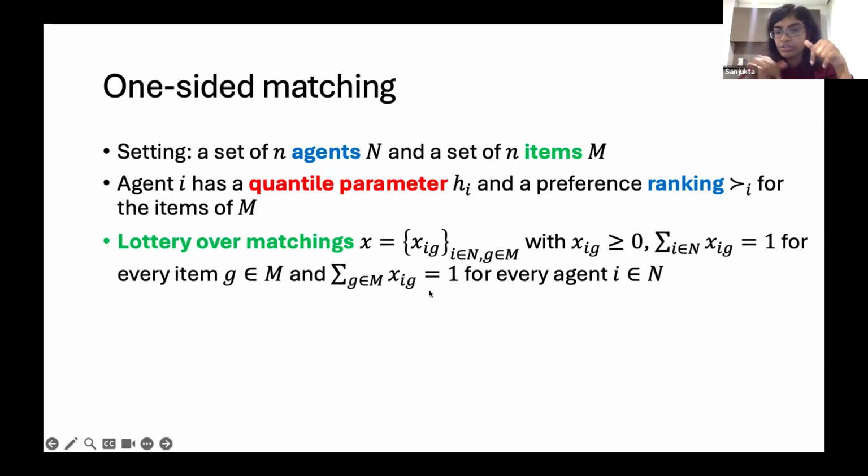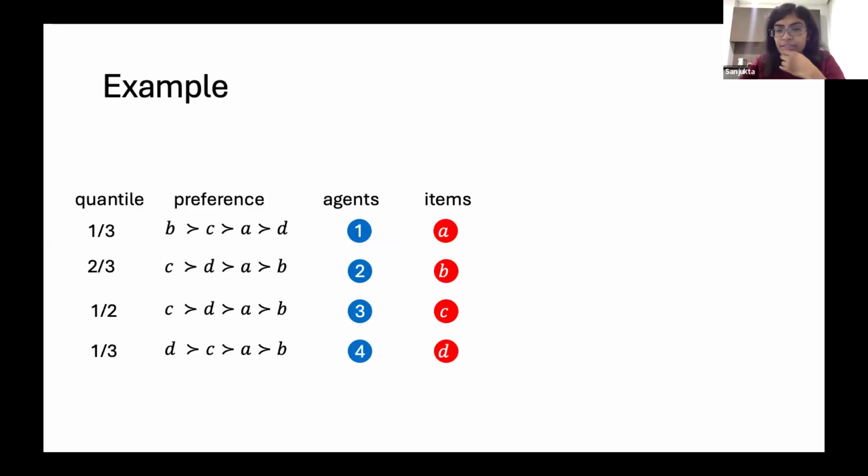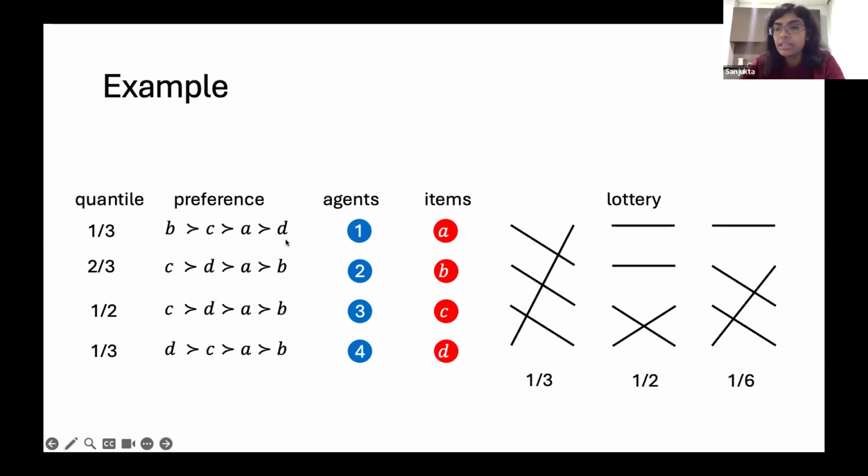So it's a doubly stochastic matrix. An example of the two-sided case would be a matching of agents to items. The agents have preferences and they also have quantile parameters. So here it means that agent 1 has quantile parameter 1/3 and this is his preference.